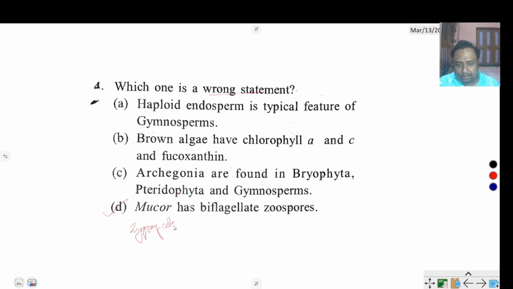Zygomycetes fungi are also called conjugation fungi.